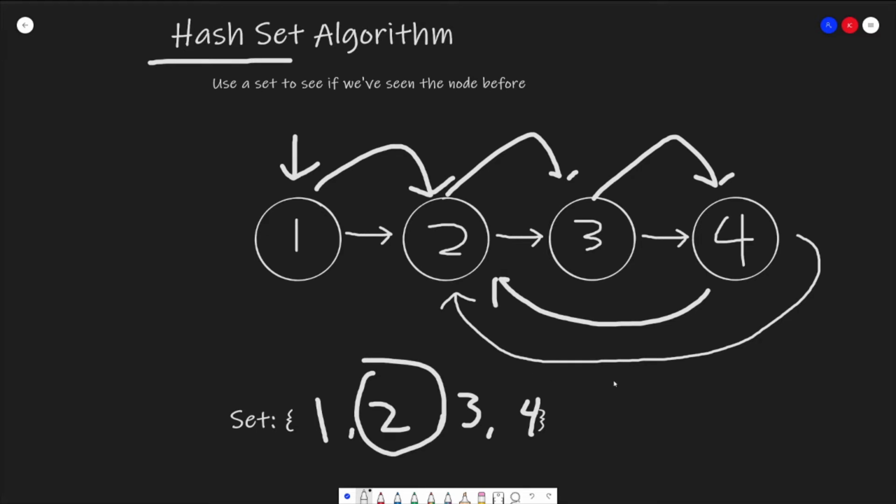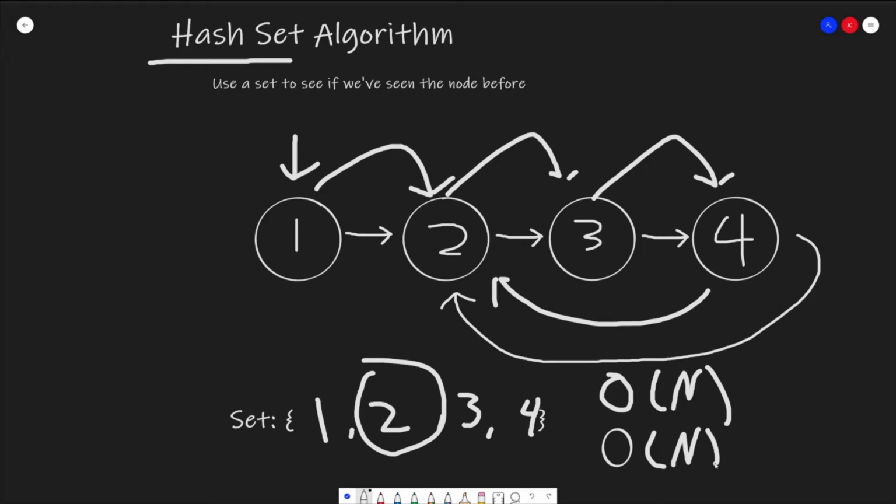This is great because it gives us an O(n) runtime because we traverse n elements and putting them into our set and doing a lookup is O(1). However, the trade-off is that space complexity will be O(n) because we will be storing n nodes.